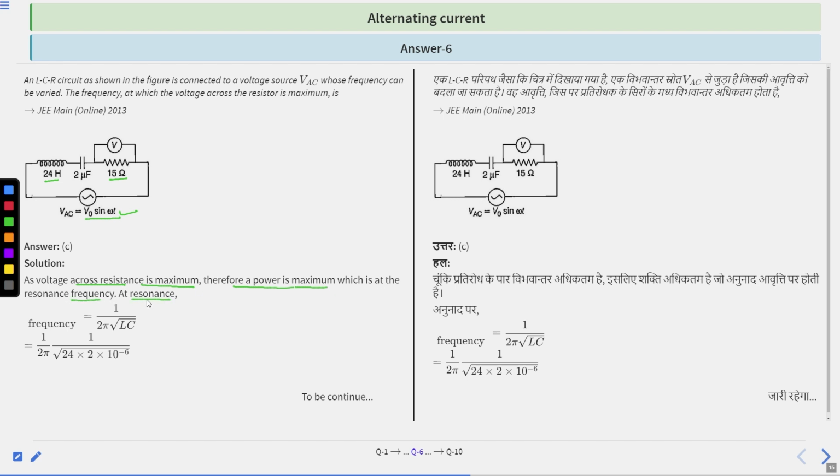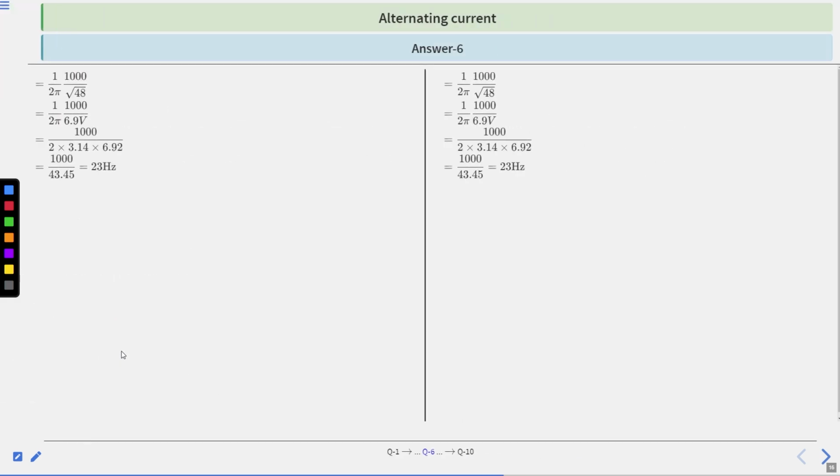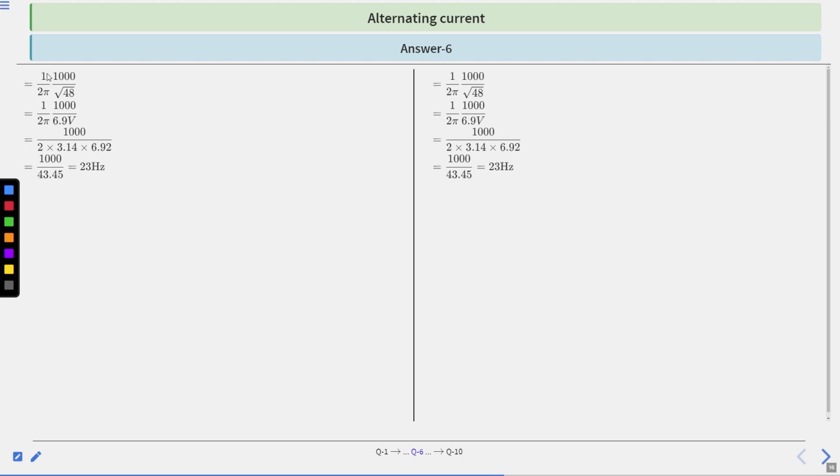So at resonance, frequency equals 1 divided by 2 pi under root LC. So 1 upon the frequency is equal to 1 divided by 2 pi under root 24 into 2 into 10 to the power minus 6. Solving this, you will get 1000 divided by root 48, that is 1 divided by 2 pi multiplied by 1000 by 6.9.